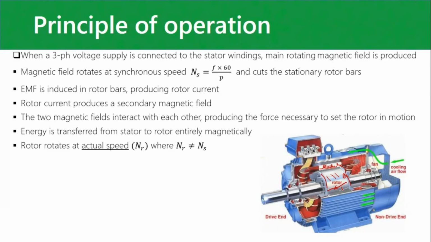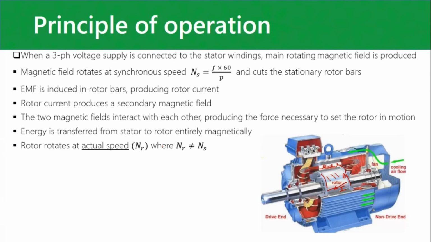Therefore, you get current in these rotor bars. Current in the rotor. And then because of that current, you also get another magnetic field that is coming from the current going through the rotor bars. And then the interaction between these two magnetic fields causes the rotor to start turning.